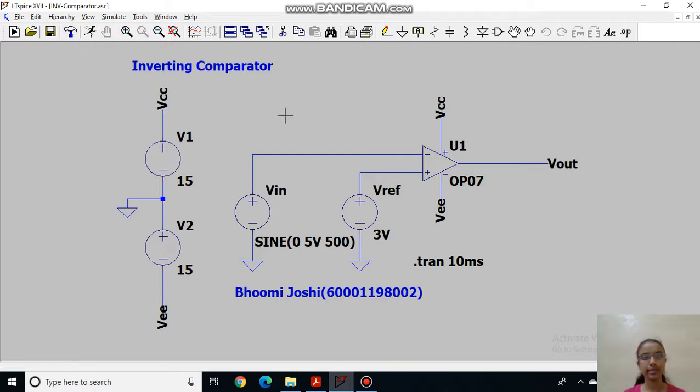So this is my circuit for inverting comparator. As you can see, input voltage is applied to the inverting terminal, which is sine wave of 5 volt and frequency is 500 hertz, and I am giving reference voltage as 3 volts. So now let us run.